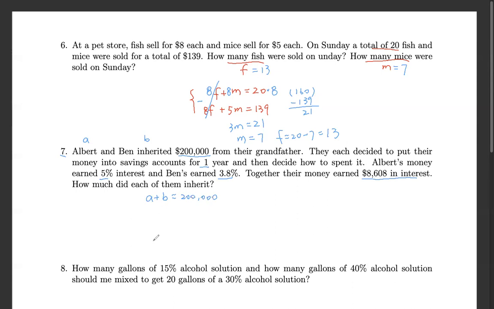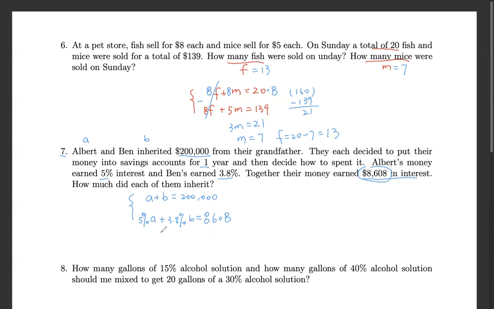And then the interest they made is, for Albert, 5% of A plus 3.8% of B together is the interest. It's $8,608. Right. So we have made a system of equations.